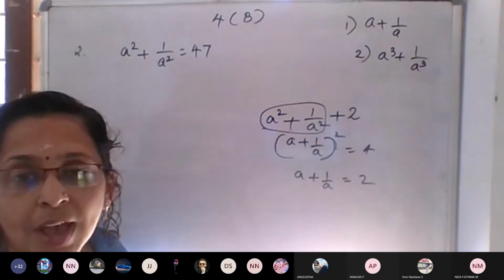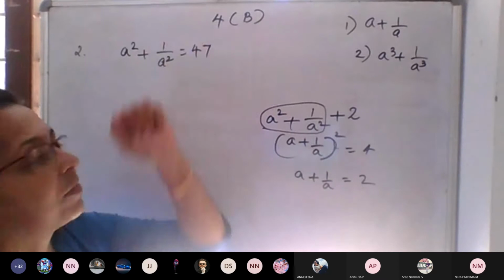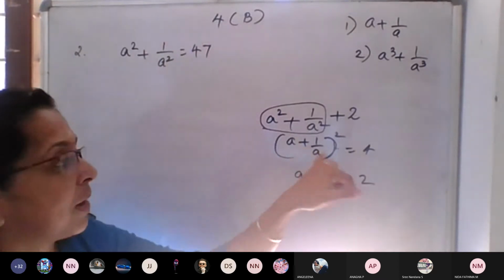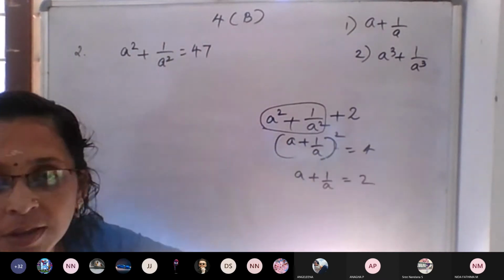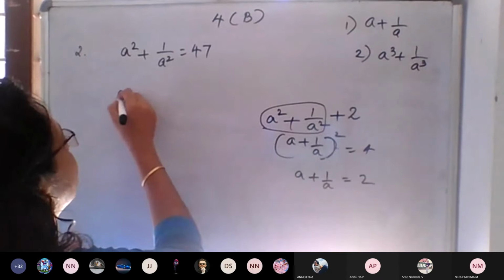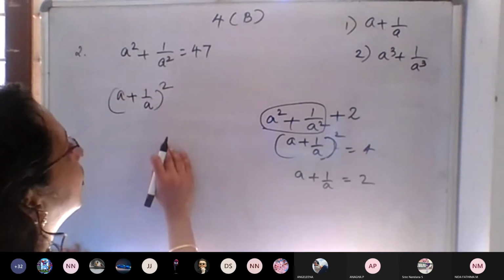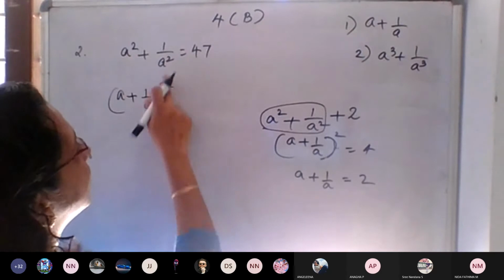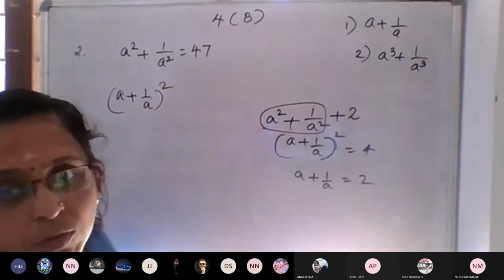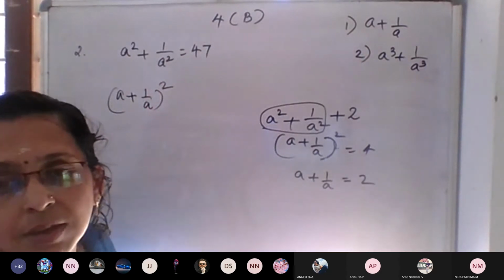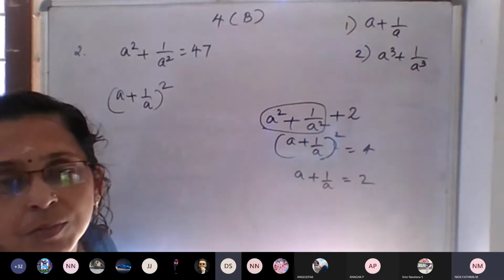There we don't have which one? If we want to write in a plus 1 by a whole square form, is it correct? a square plus 1 by a square, can we write it as a plus 1 by a whole square? No, ma'am.